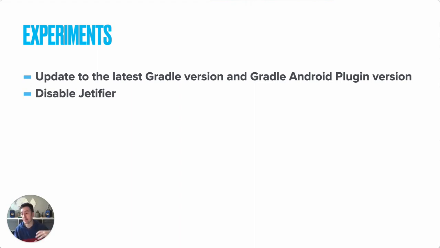This was a massive change, and Google, they're quite good at backwards compatibility, you see that on the Android platform itself. They developed this tool called Jetifier, which would be part of the build process.